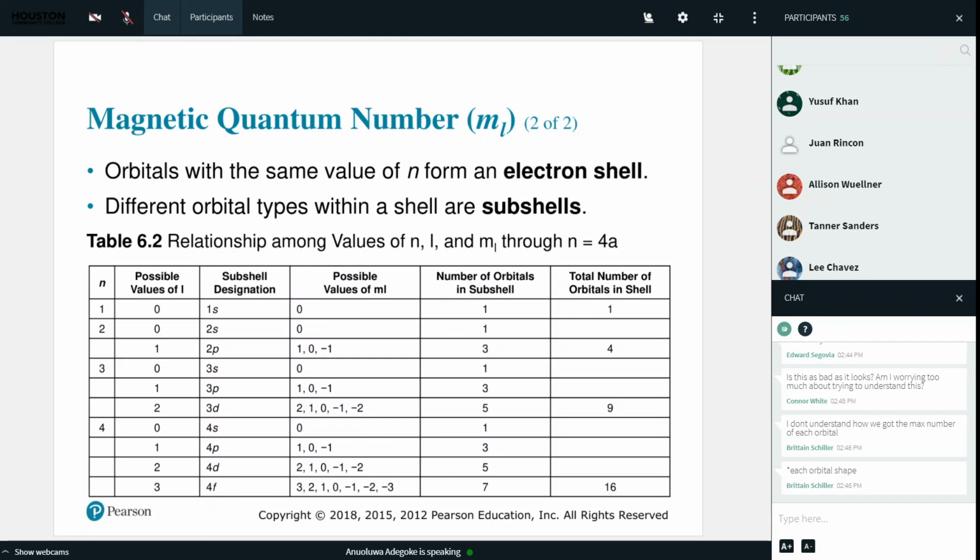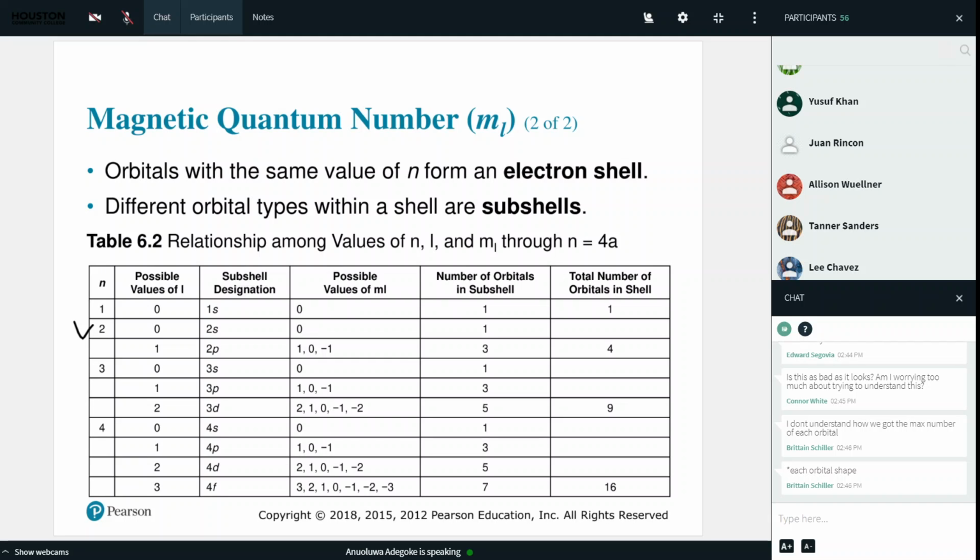So now, when n is 2, the possible values of l are 0 and 1. Let me write this on top here to explain.